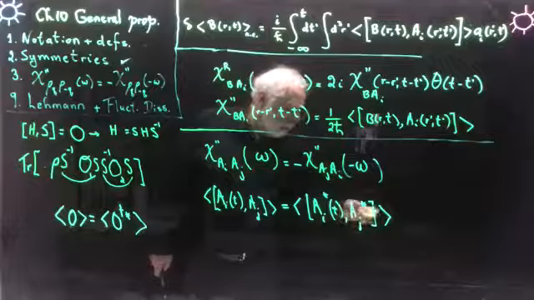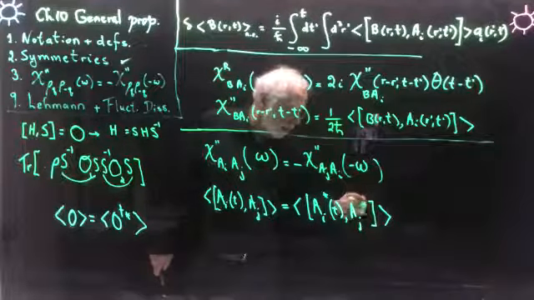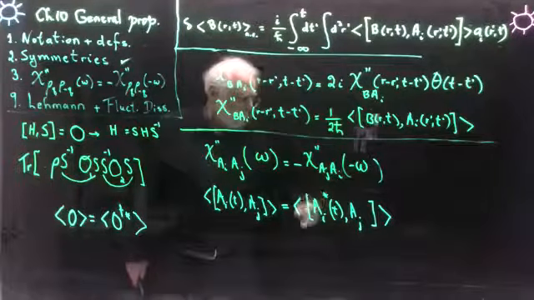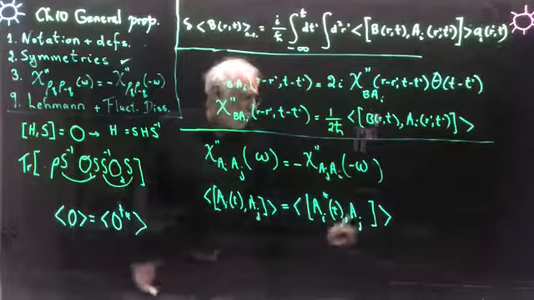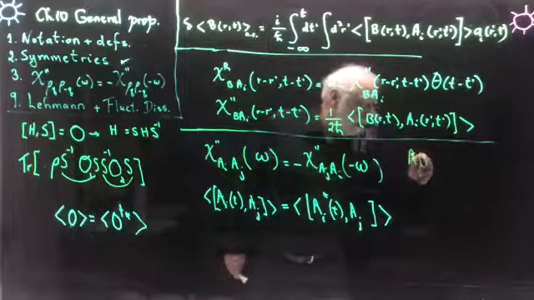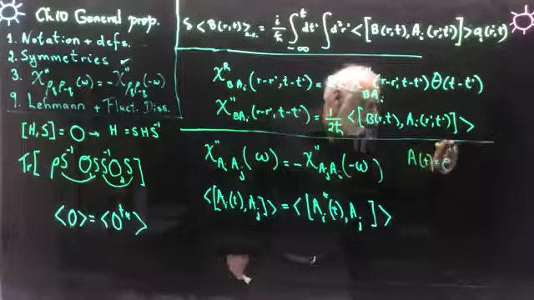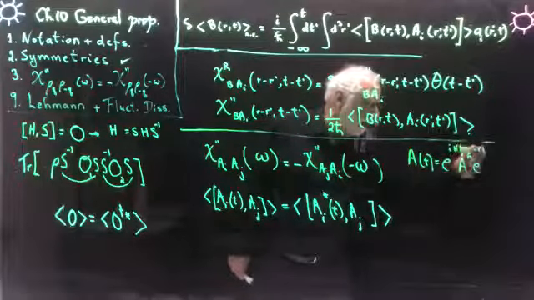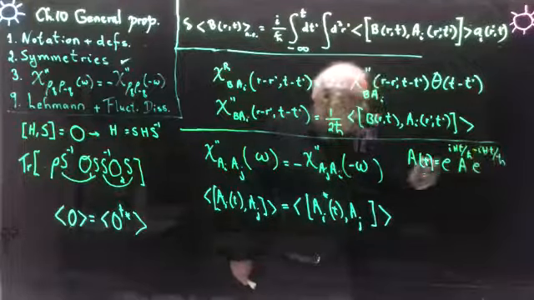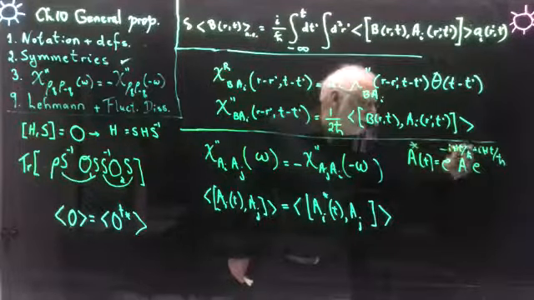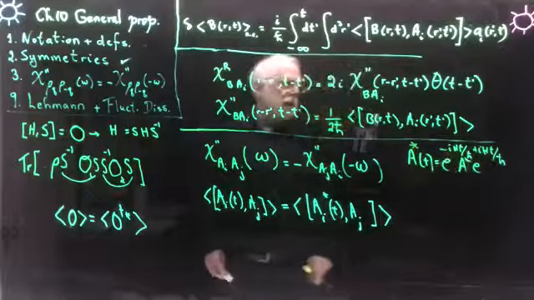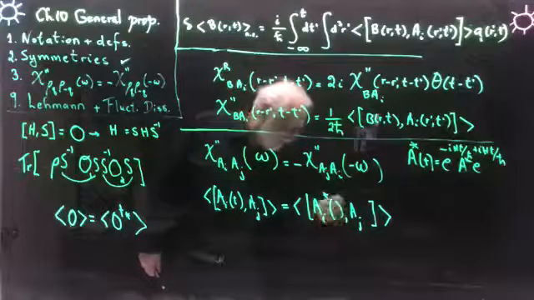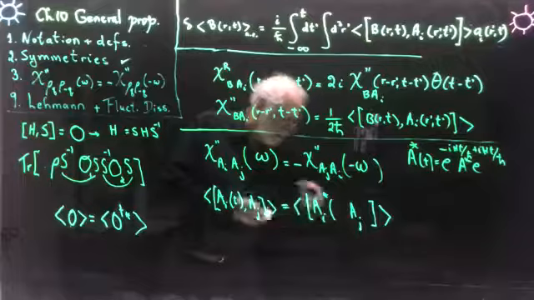So for operators that are real operators, like the density, this disappears. But here the star is non-trivial because A of t is equal to e to the i H t over h bar times A times e to the minus i H t over h bar. If I take the star here, these change sign. And that's where you see the time reversal. This becomes minus t.